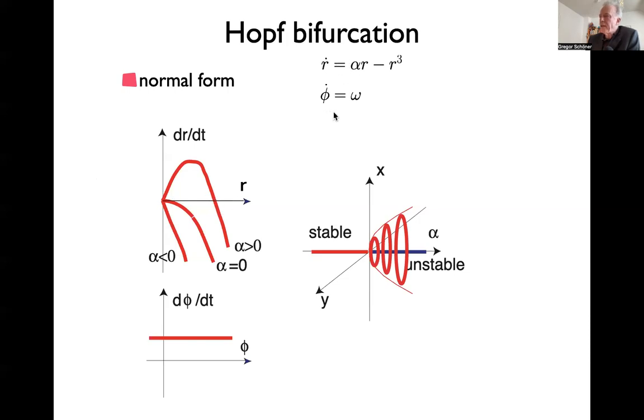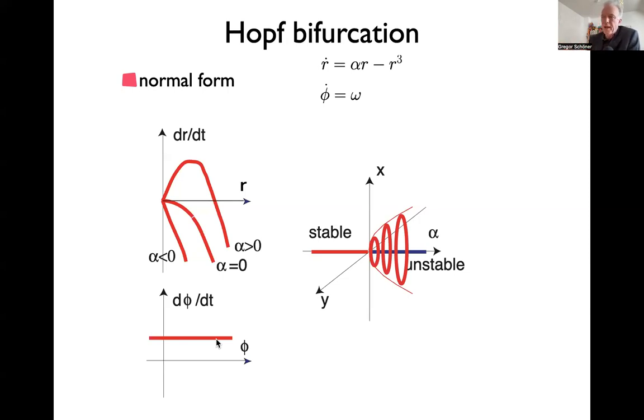And in the polar direction, the angle, you have this trivial equation that phi dot is equal to a constant. That has a simple solution: the rate of change is constant. So phi will just be increasing in time, or decreasing if it's a negative constant.